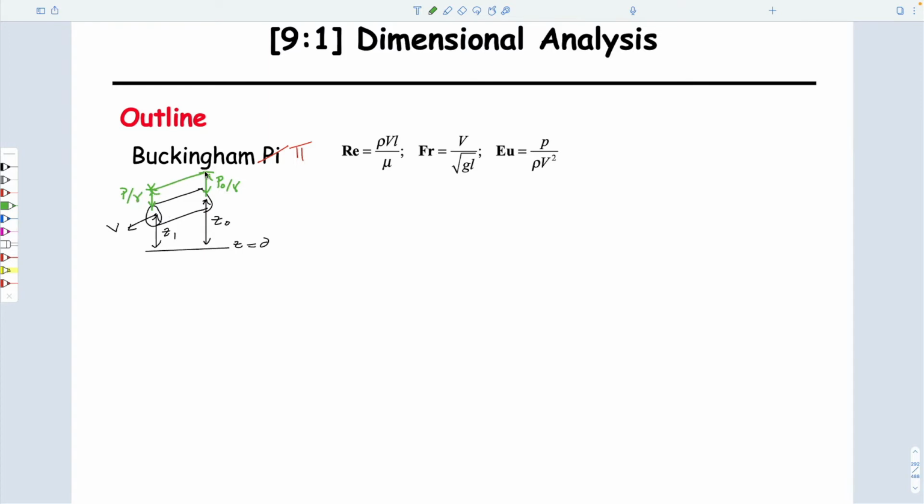And we could draw those together, and we could classify that parameter of these two as head. Head is equal to P over gamma plus elevation. And we can use that to define behavior.